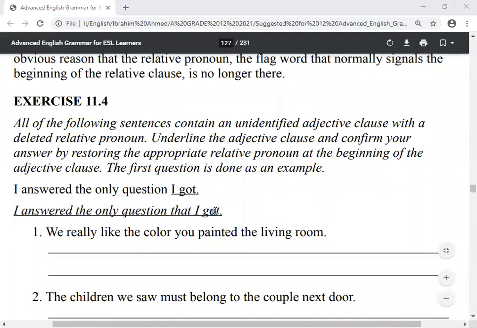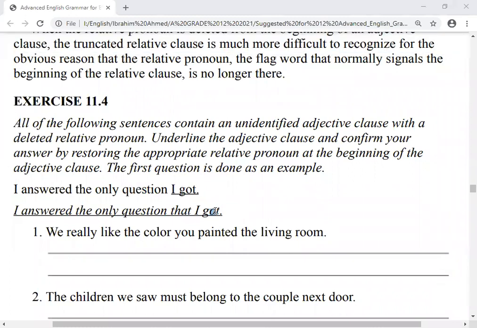Okay, Omar, are you there? Omar, can you do number 1? Were you following up, Omar? Do you understand what we are doing? Shall I explain again the example?